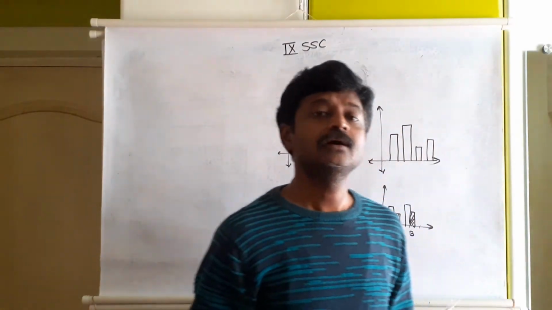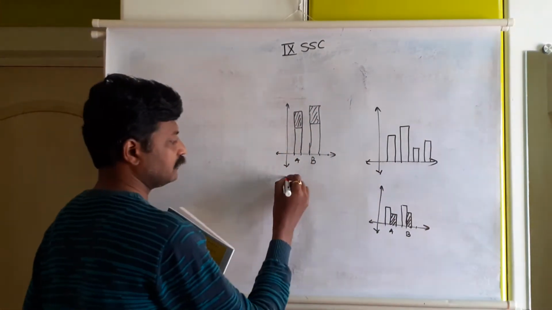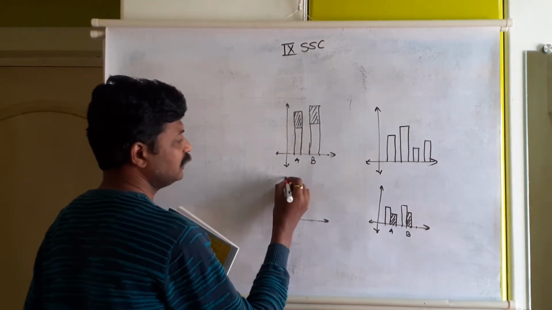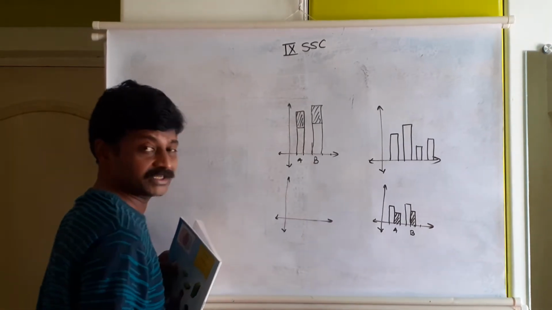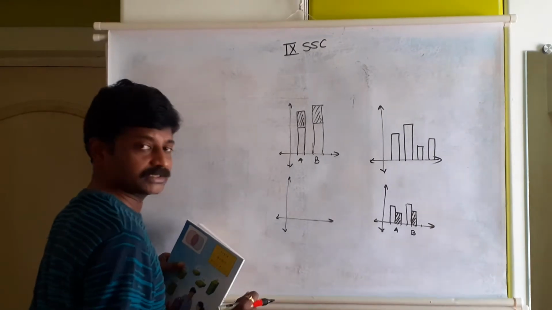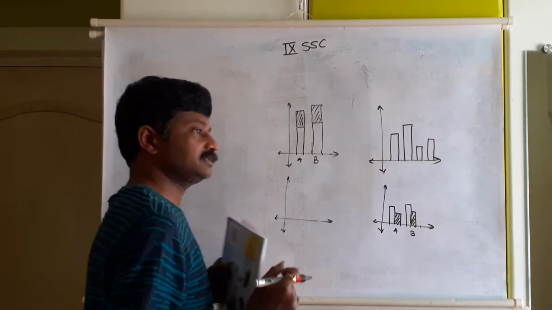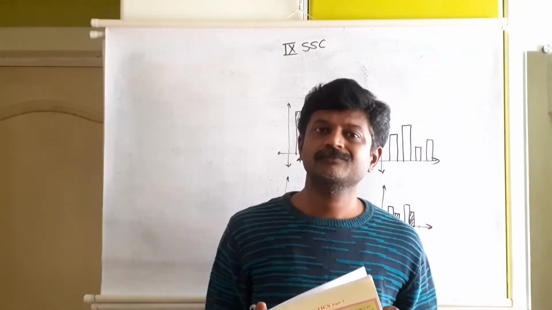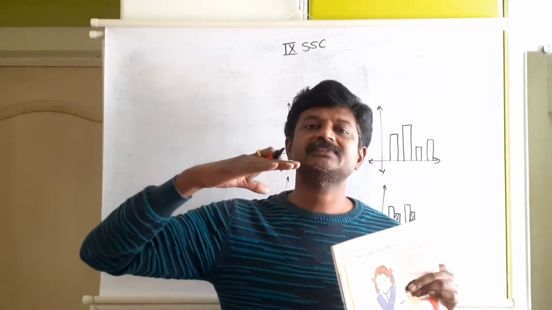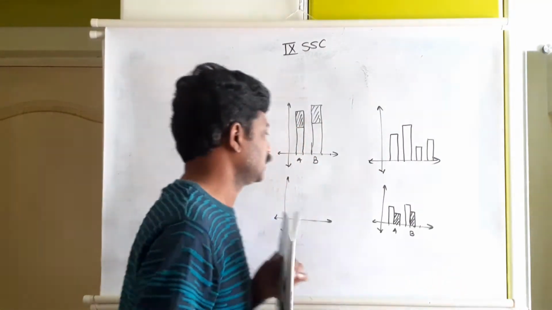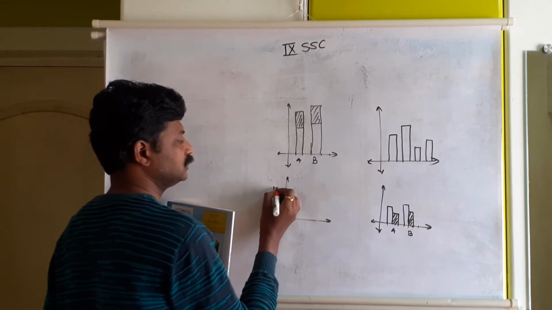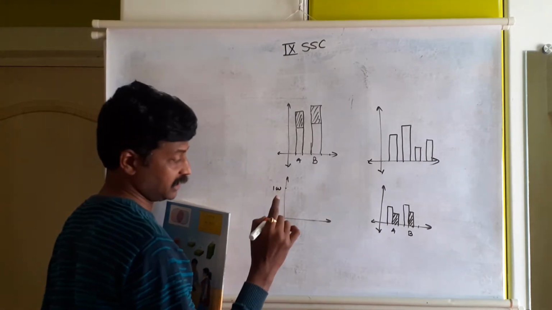One more is there, the percentage bar graph. The given information will first be converted into percentages. On the x-axis classes will come, but on the y-axis for every class, for every bar, the height will be the same, that is 100%. It will stop at 100% because this is a percentage bar graph.